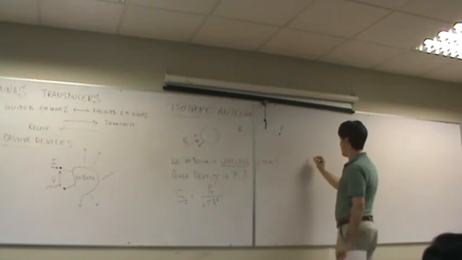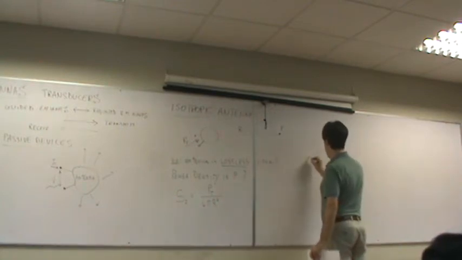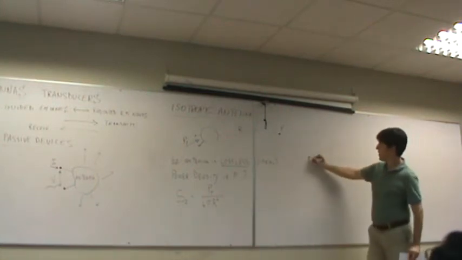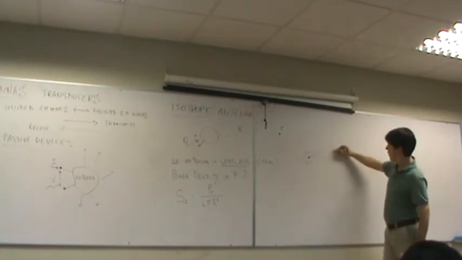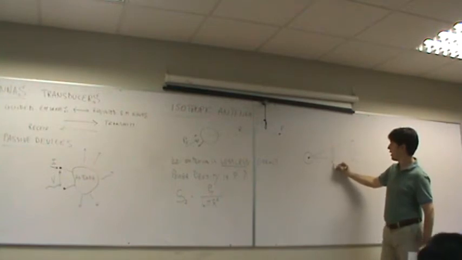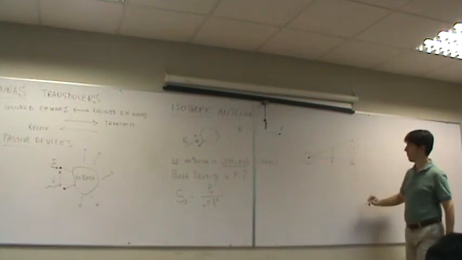The explanation is this. If this is the center of the antenna, what happens when you go from R to 2R?